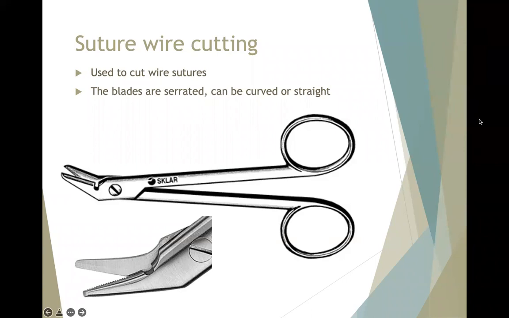It doesn't matter if you're right or wrong. I'm just asking your opinion, and I want to see what you guys are thinking. So again, where am I going to place a wire suture? Would I use it in a part of the body that's moving, like a joint? Would I use it in soft tissue? Where do you think? I only have one answer, so I want to see a few more.